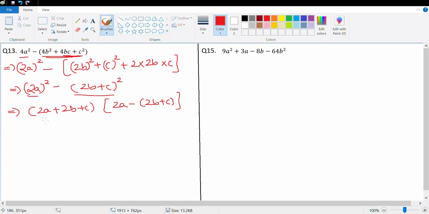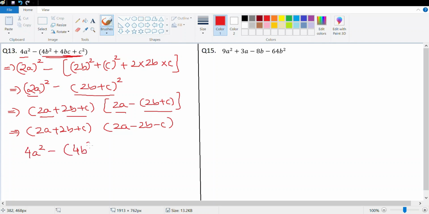Right. This is x, this is y, in this case x minus y. Perfect. So let's open the small bracket here. We have 2a plus 2b plus c multiplied with 2a minus 2b minus c. That's the correct answer. There's nothing left after this. I can't factorize it any further. So let's represent the final answer.